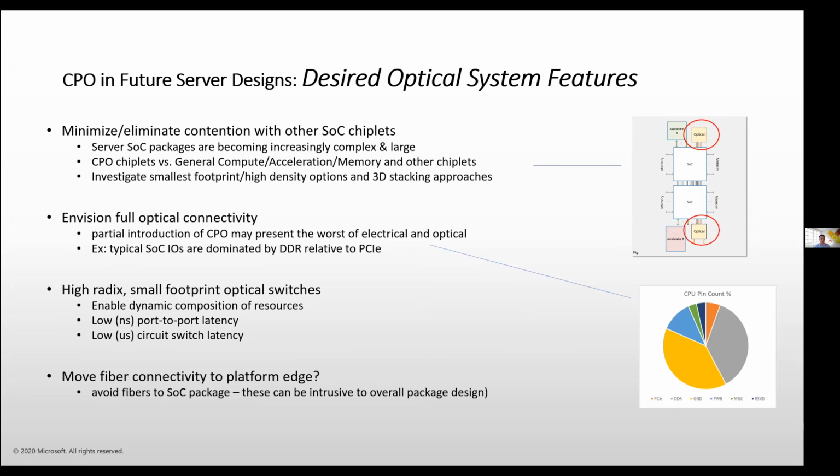So I don't necessarily have a conceptual visualization. That is something that I hope, once we identify the key ingredient technologies, that we can work together to put together a conceptual system and work towards prototypes and eventually deployment. But some of the characteristics appear to be minimizing or eliminating the contention with other SoC chiplets.